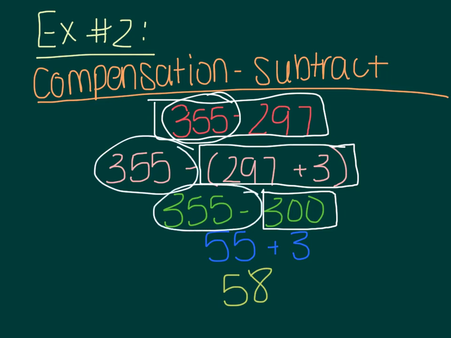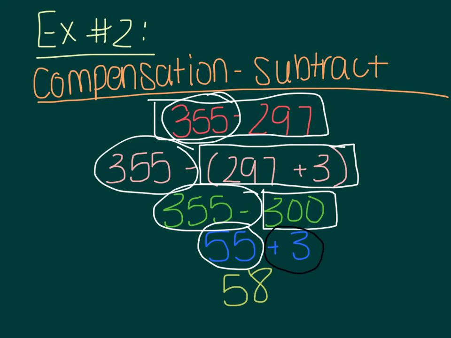So then we have 355 minus 300, because remember we added the 3 to 297. So that gave us 55 when you do that. You could do that in your head. 355 minus 300, you know that's 55. Then here's a little bit of the tricky part.